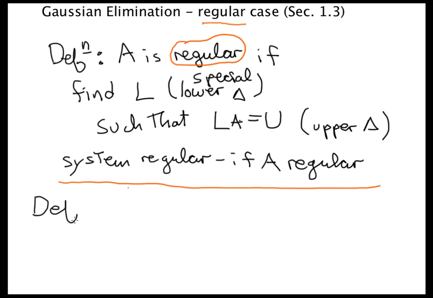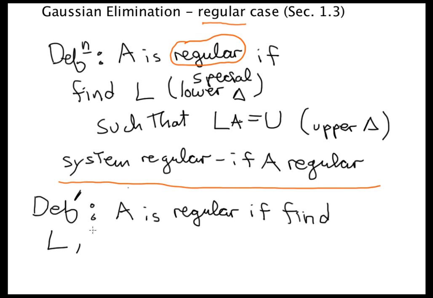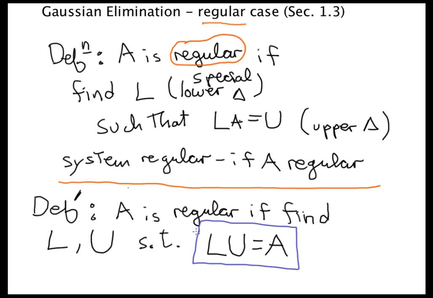So what the book says, I'll call this definition prime, is that A is regular if I can find L and U, special lower triangular and upper triangular as usual, such that LU is equal to A. I'll put a box around this.